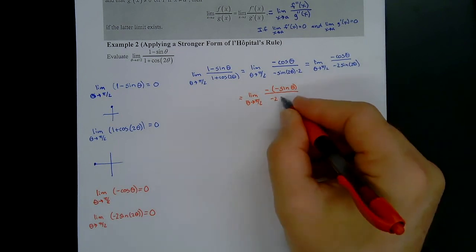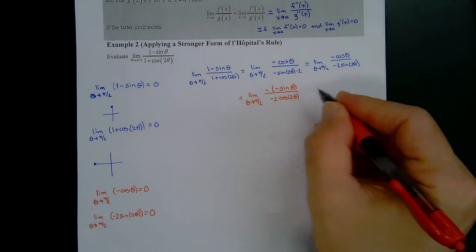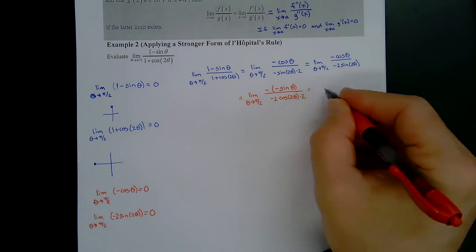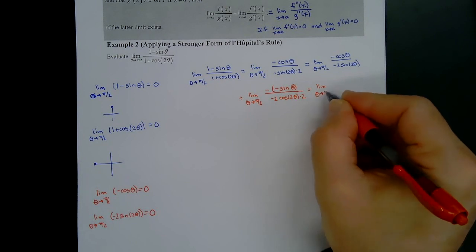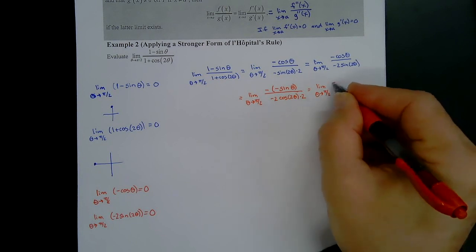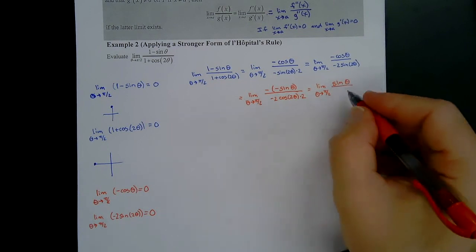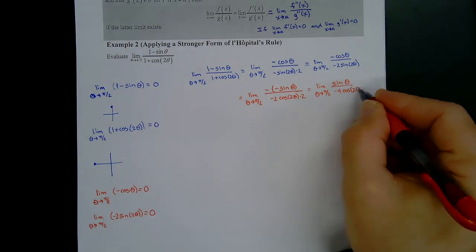Derivative of sine is cosine, so cosine of 2 theta times the derivative of the inside, which is 2. So this becomes the limit as theta approaches pi over 2 of sine of theta over, and this becomes -4 cosine of 2 theta.